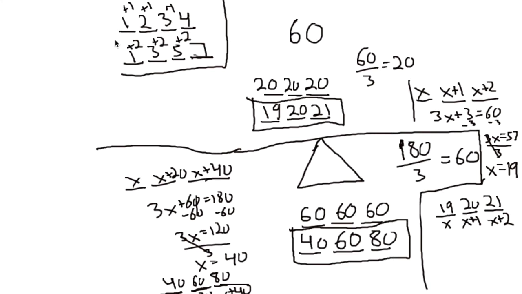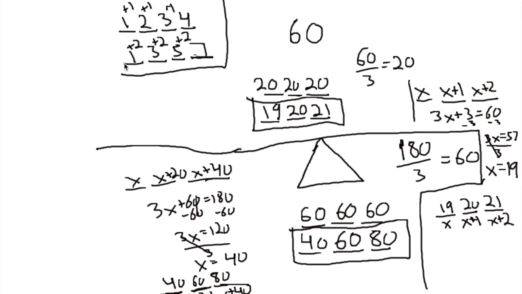An arithmetic sequence is a sequence of numbers where you start with one number and you add the same number over and over as you move along the sequence. So you start with 1, add 1, you get 2. Add 1 again, you get 3. Add 1 again, you get 4.